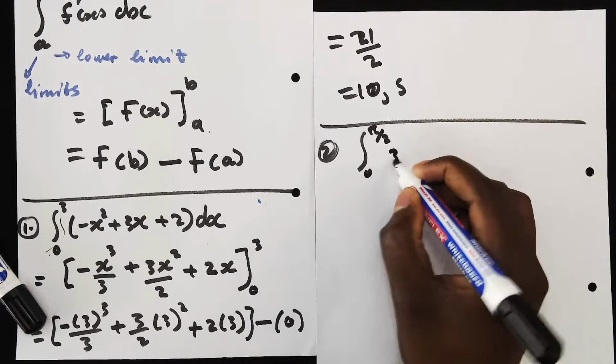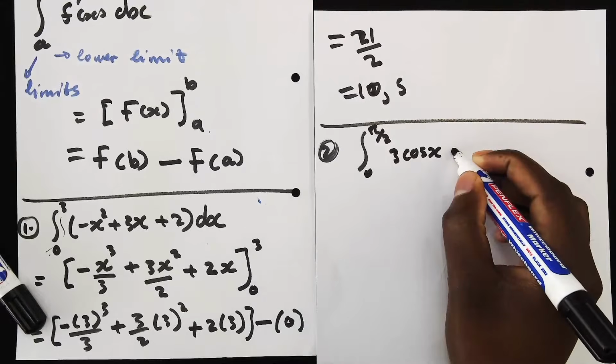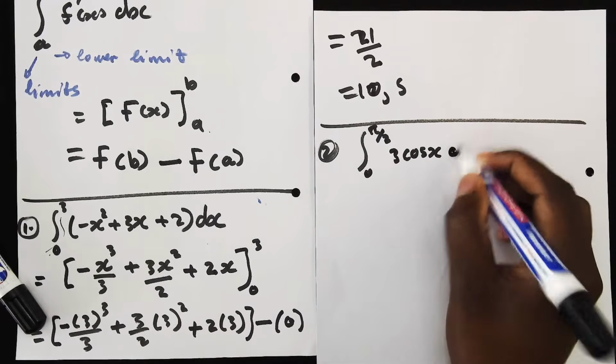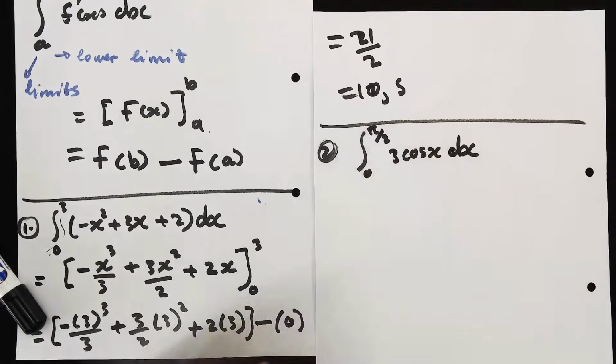The function is 3 cos x, in terms of x, dx. So we have the integral from 0 to pi over 2 of 3 cos x dx.